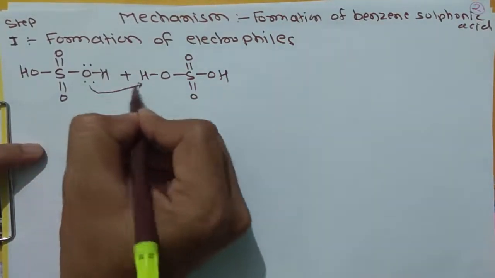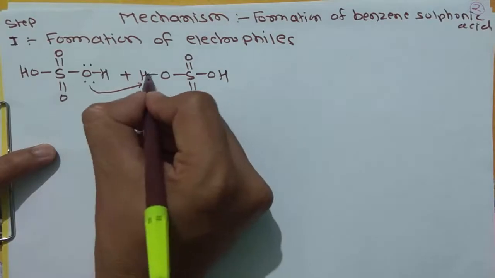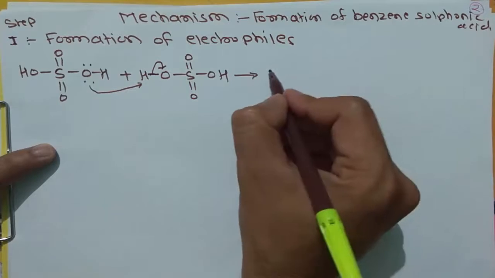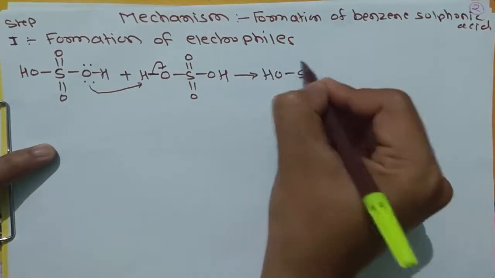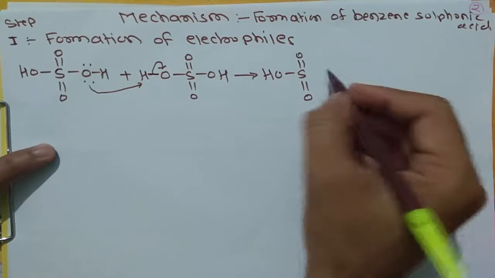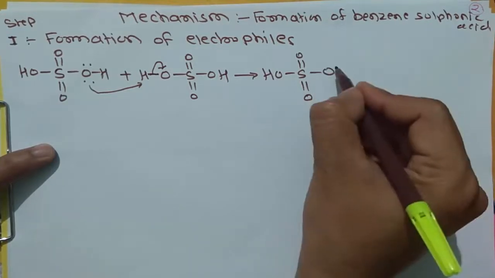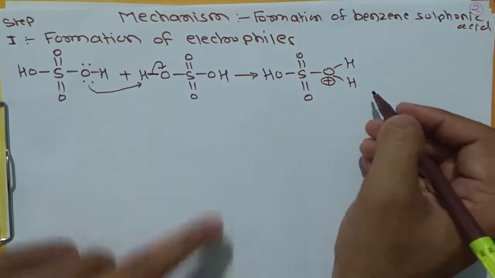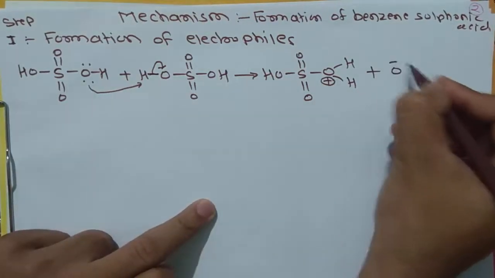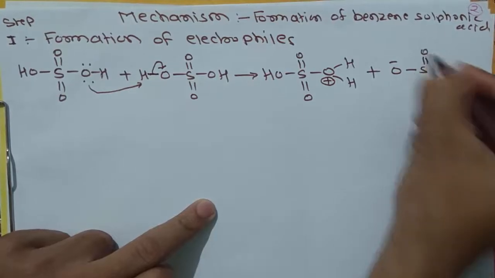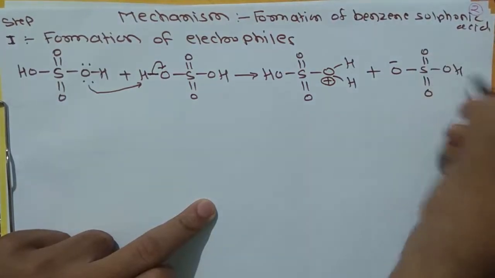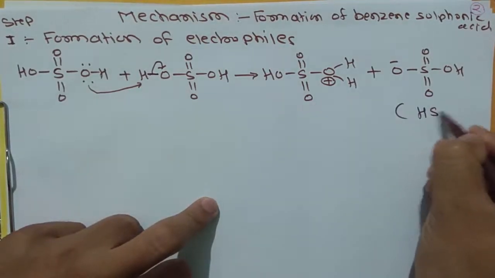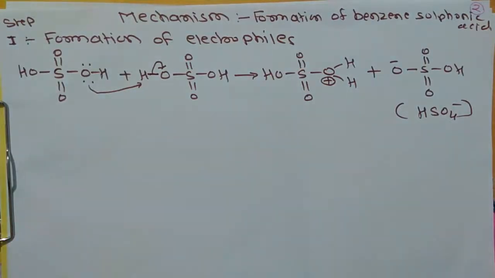This lone pair takes the proton, and the bond between this oxygen and hydrogen breaks, and there is a formation of this type of compound: OH, double bond O, double bond O, O with H, H and a positive charge, plus what is remaining: O minus, double bond O, double bond O, OH. It is also called HSO4 minus.